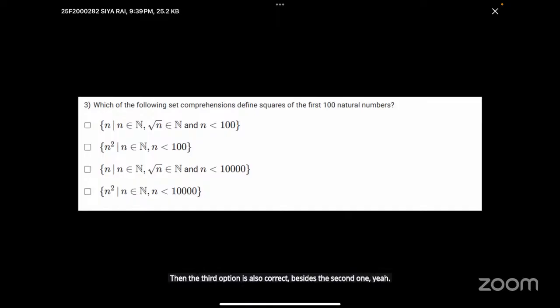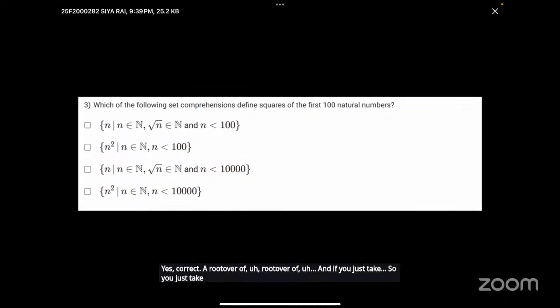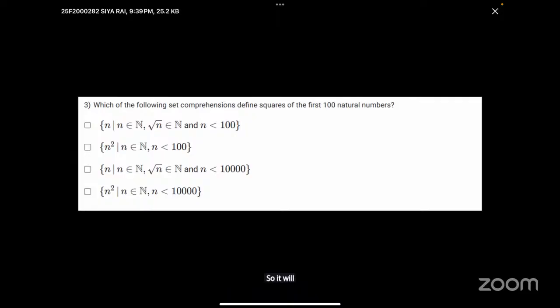Yes, correct. Root of n, you can replace with some m squared. Then n is less than 10000 means root of n will be less than 100. So it will be the same. Second and third options are the same. Okay, ma'am.